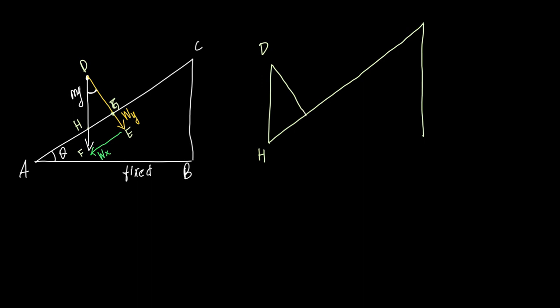What do we have here? This is G, right? G and C, and this is B. One thing we know from the basics of geometry is that DH is parallel to CB, which means these two are alternate interior angles.